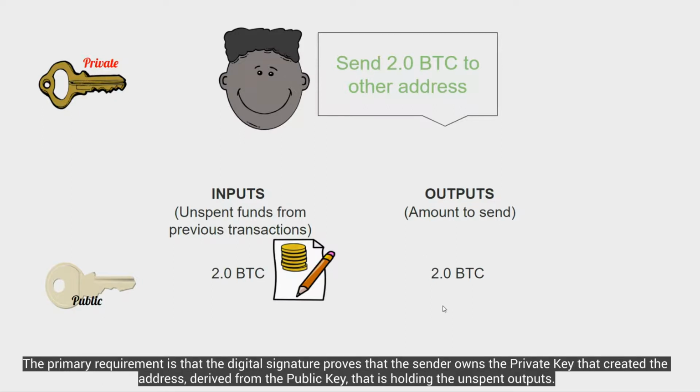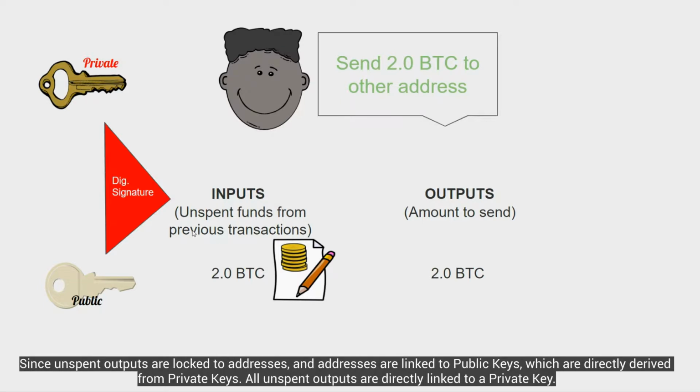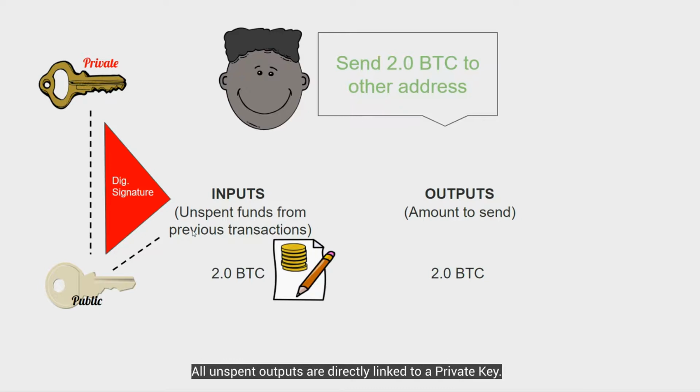The primary requirement is that the digital signature proves the sender owns the private key that created the address that was derived from the public key that is holding the unspent outputs. Since unspent outputs are locked to addresses, and addresses are linked to public keys, which are directly linked to private keys, all unspent outputs are directly linked to a private key.